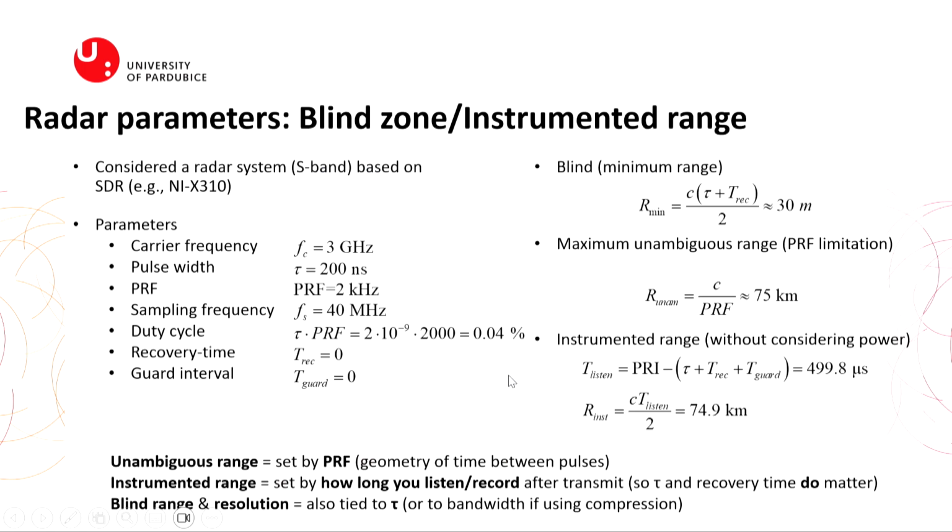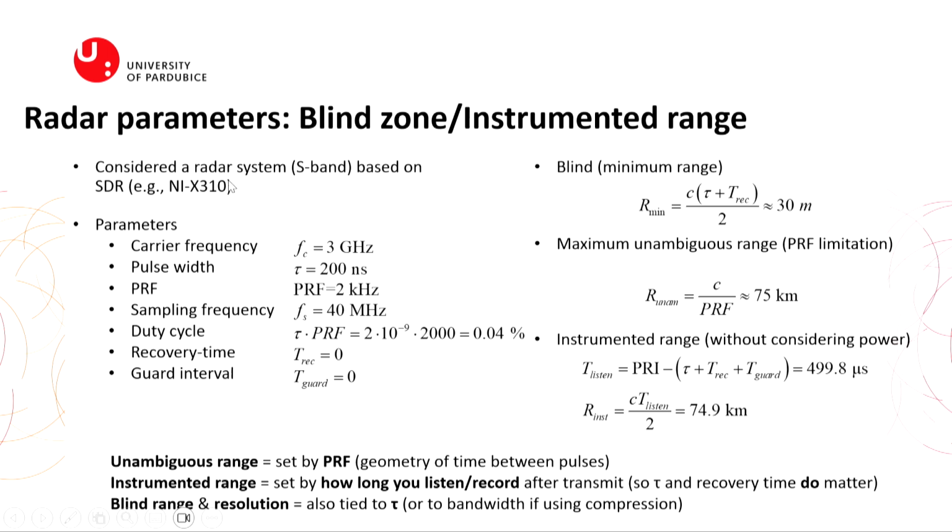So now there is a typical example. By the way, these values are from our real measurement. We use an SDR, NI X310, a device costing about 10 to 12,000 euros.